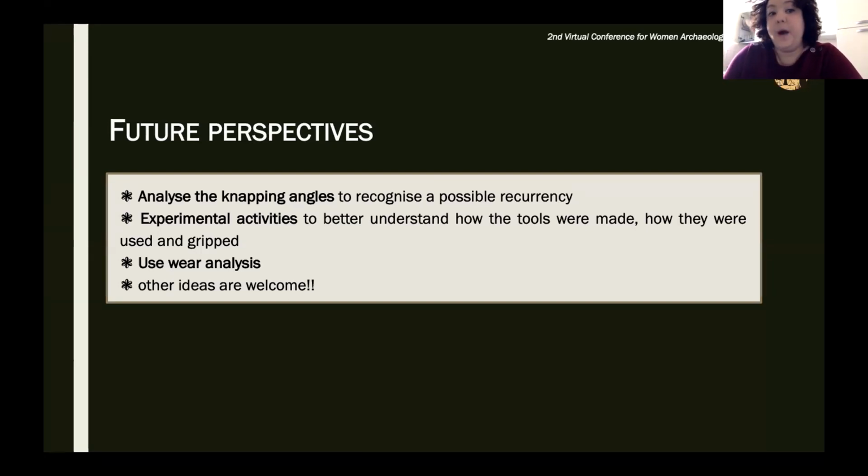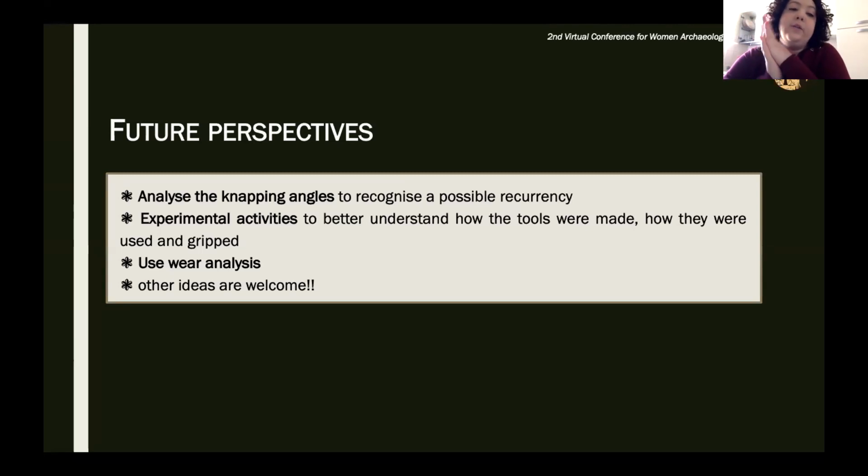My hypothesis for now is that the retouch can be to better grip, to better handle the tool, and sometimes this kind of non-functional retouch is also associated with retoucher stigmata. This is a hypothesis that I would like to evaluate during experimental activities.